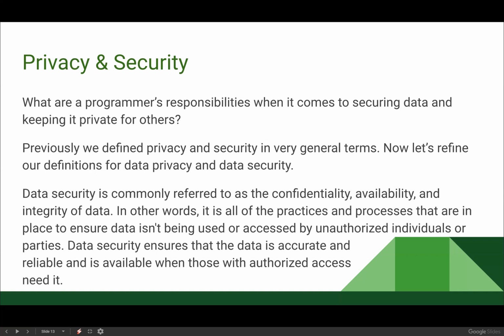Data security ensures that the data is accurate and reliable and is available when people who have access need to access it. So we want to make sure that people who are supposed to have access can get access easily, and people who aren't supposed to have access can't.